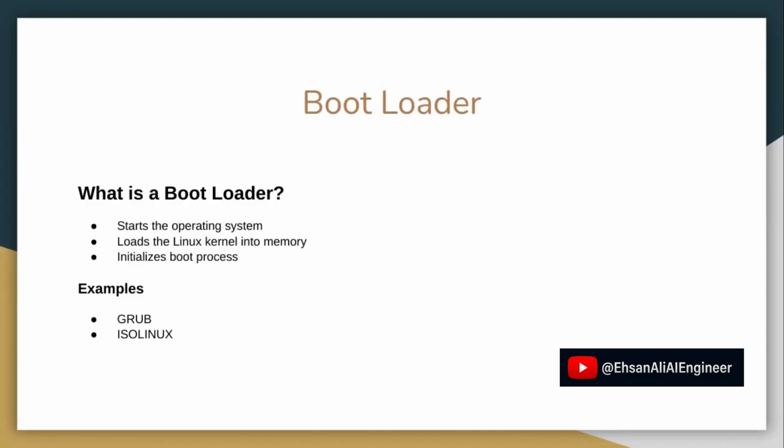One of the most common bootloaders in Linux is GRUB, which stands for Grand Unified Bootloader. GRUB also allows users to select different operating systems or kernel versions when the machine starts.